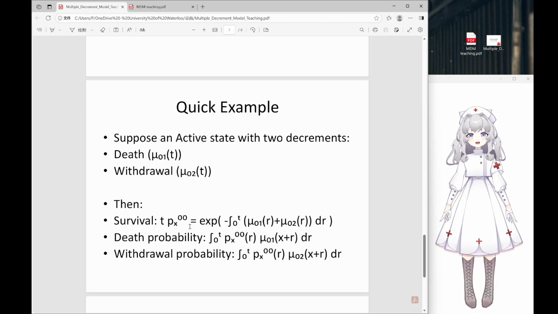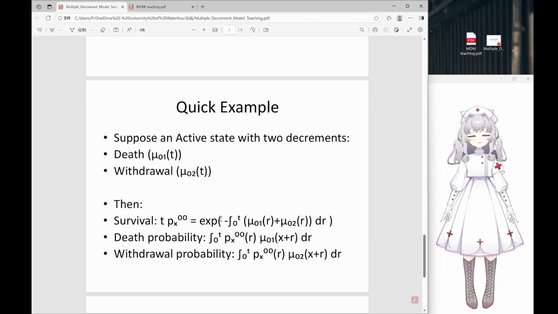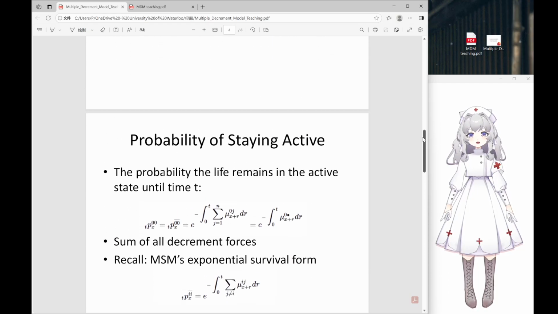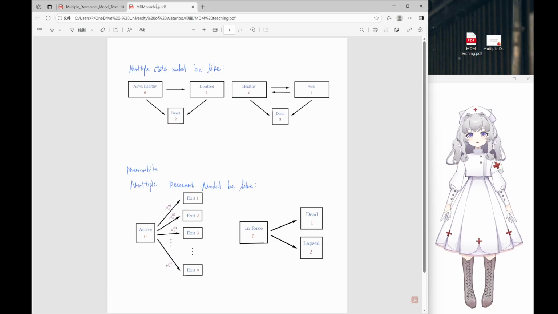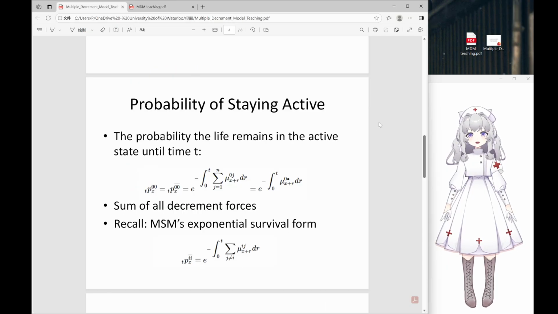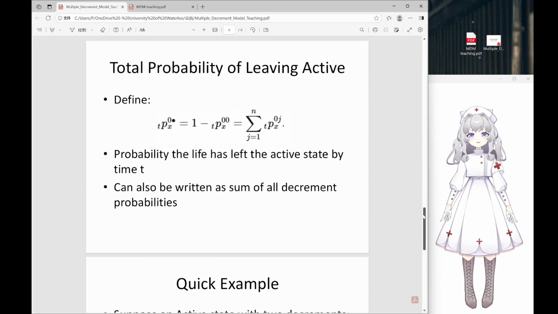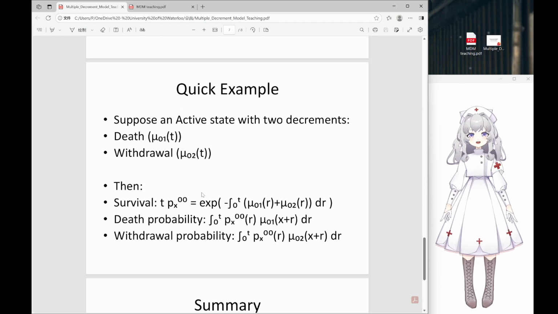Then the survival probability, tpx^{00}, is the exponential of the negative integral of the summation of the two forces of transition. We just added the two forces of transition together, and we simply have the answer.